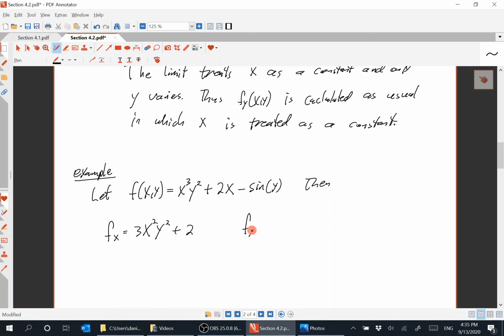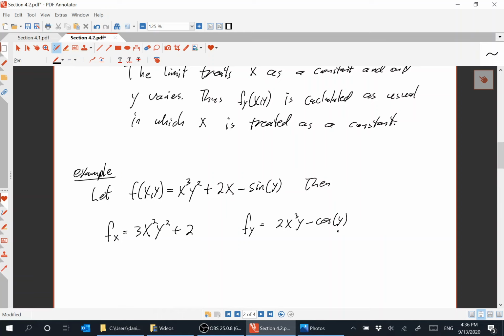The partial derivative with respect to y is: treat x as a constant, y is the variable. So this is 2x to the third y, right? The derivative of y squared is 2y, and then you're just multiplying 2 by that constant, x to the third. The derivative of 2x, x is a constant, so the derivative of 2x is 0. Minus the derivative of sine y, cosine of y.